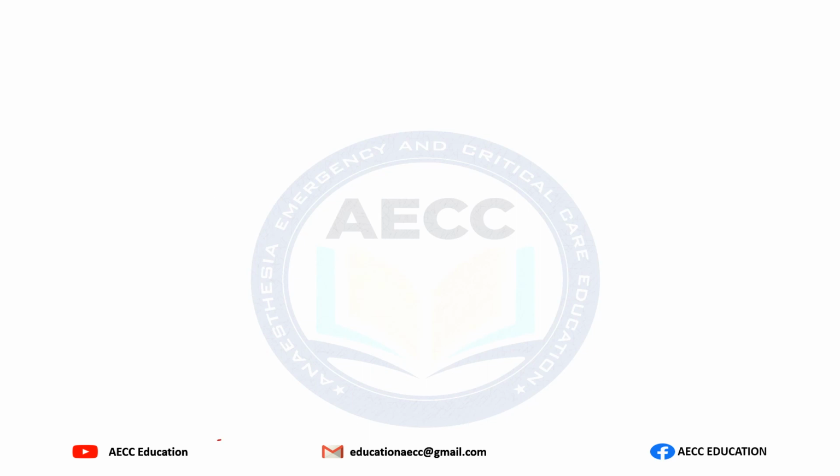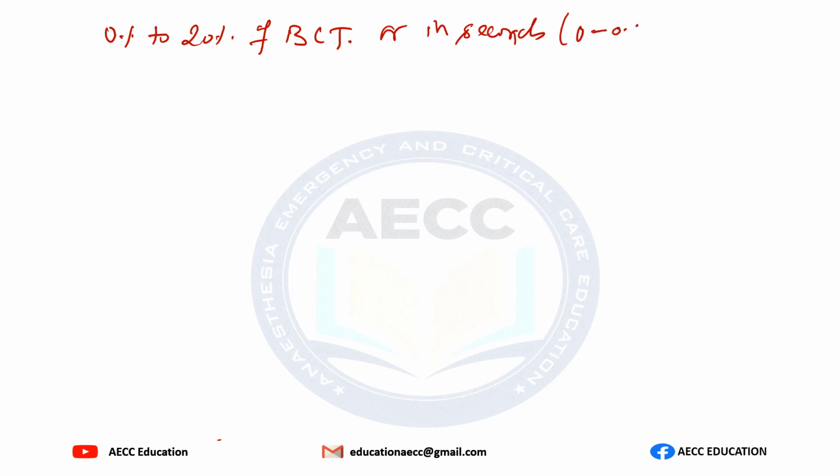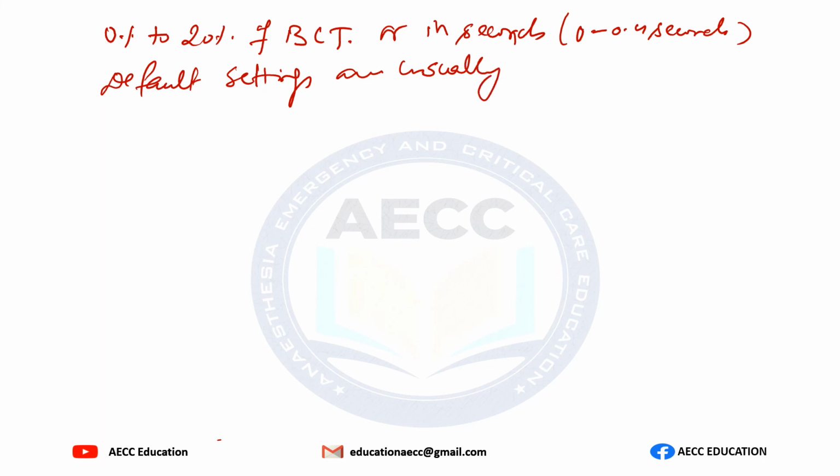It is set in percent of breath cycle from 0 to 20% of breath cycling time, or in seconds 0 to 0.4 seconds. So default settings are usually 0.15 seconds or 5%.